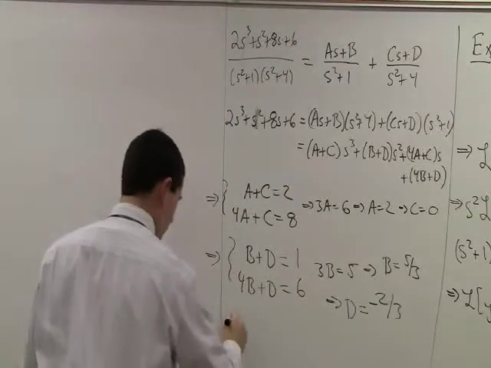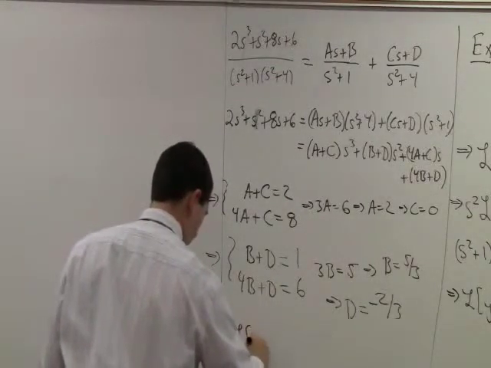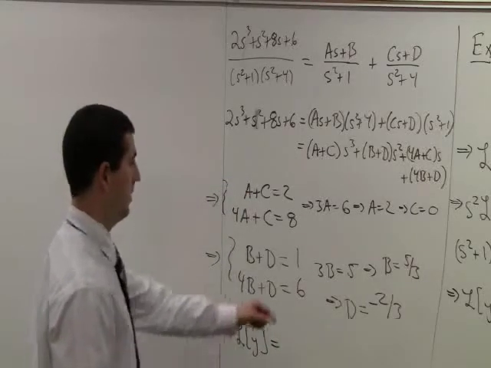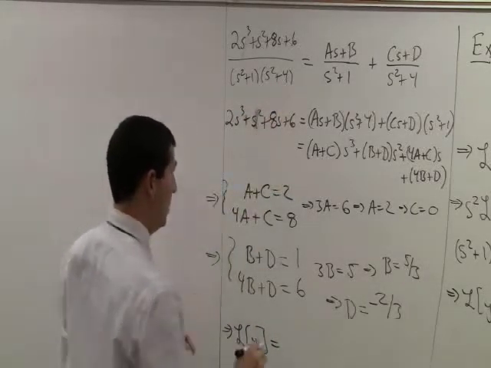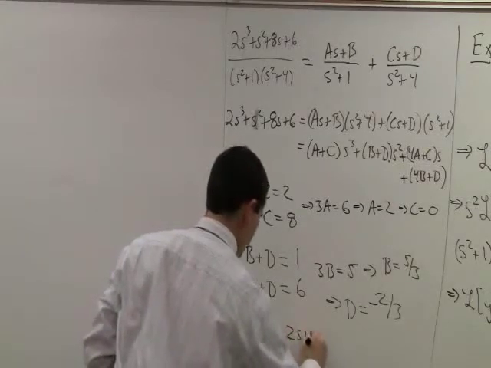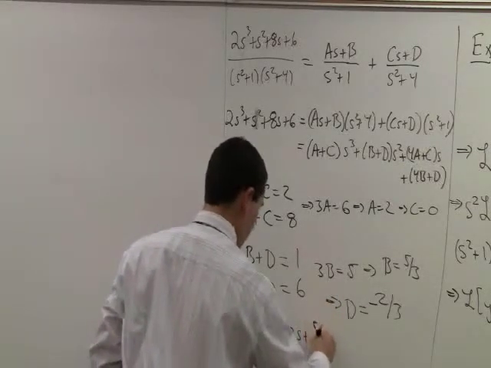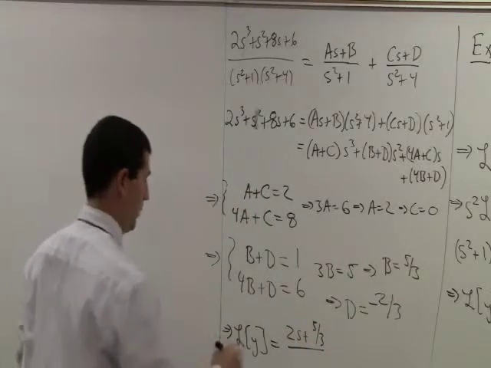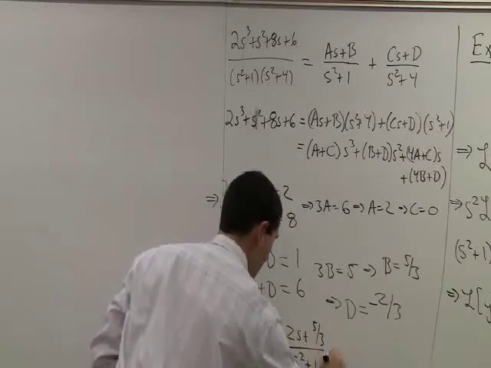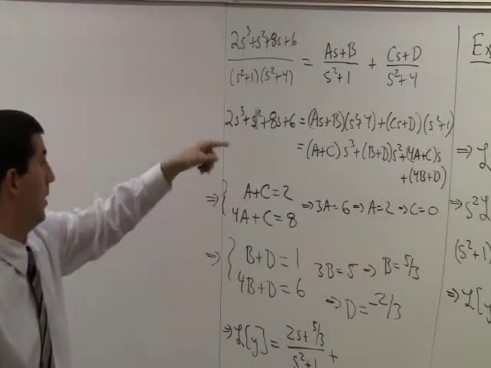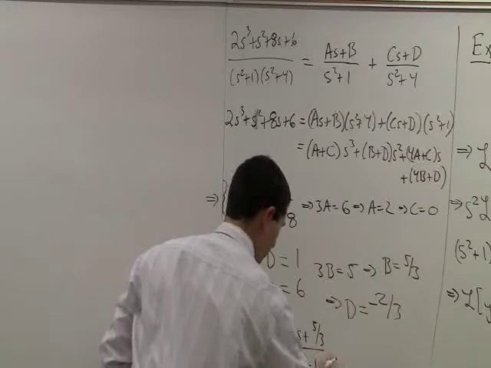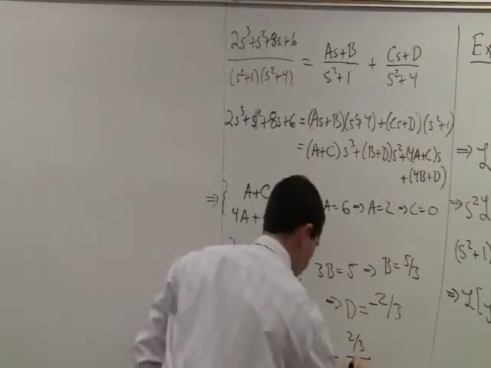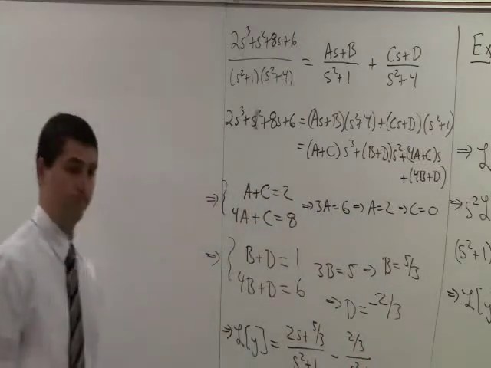Okay, so what we're actually getting out is that L of y is, okay, a was 2, so 2s plus b, which is 5/3, over s squared plus 1, plus, okay, c is 0 and d is negative 2/3, so I can write this as negative 2/3 over s squared plus 4.